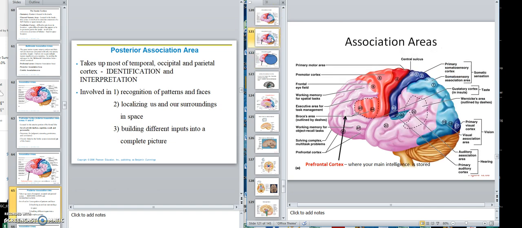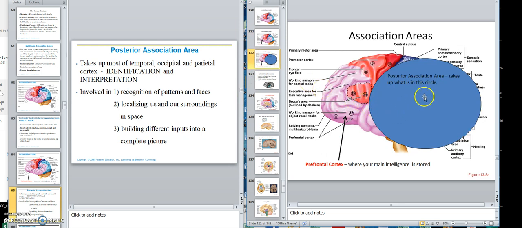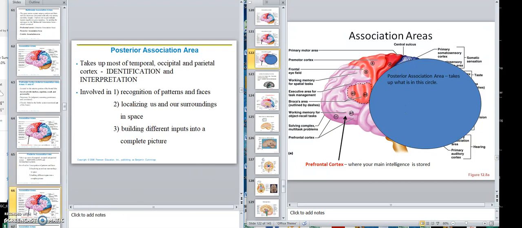Here is you working for Apple or IBM or Hewlett Packard, and you're coming up with some new design, some new technology. That would be up here, the intellect area. Back here is you interpreting something that's existing, making meaning out of it. Okay, so that kind of gives you an idea.